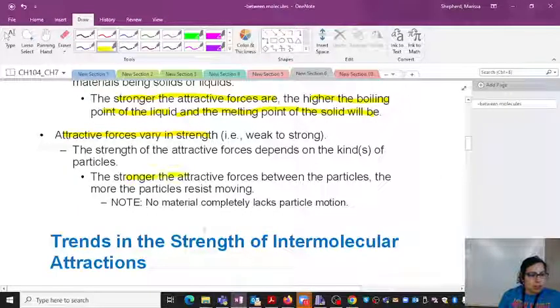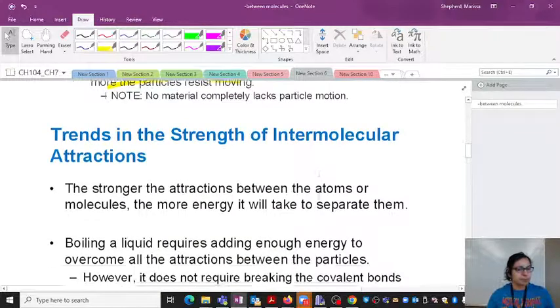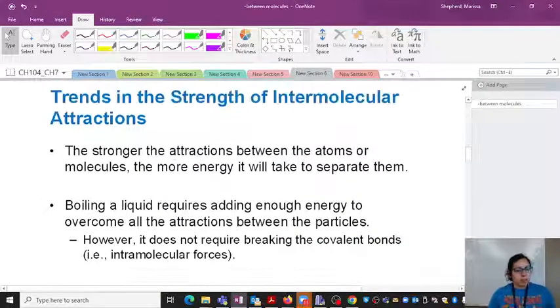Of course, the stronger the attractive forces between the particles, the more the particles resist moving. And like we've already mentioned before, no material completely lacks particle motion unless, of course, we're at absolute 0. The stronger the attractions between the atoms or molecules, the more energy it will take to separate them.